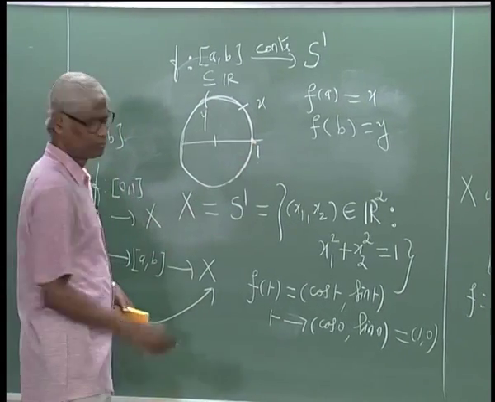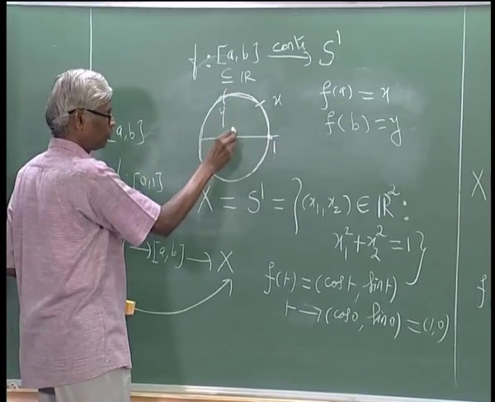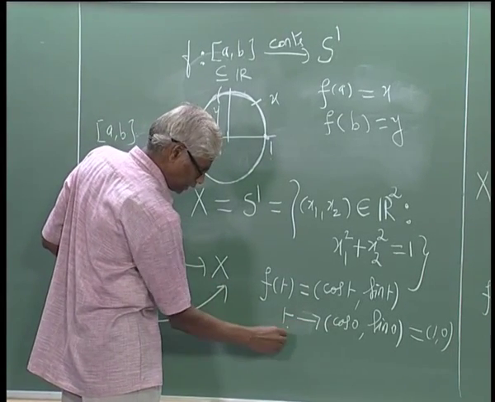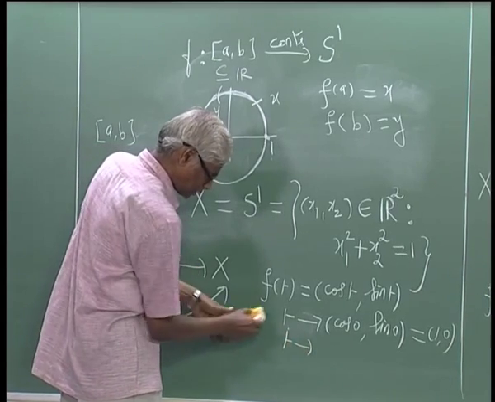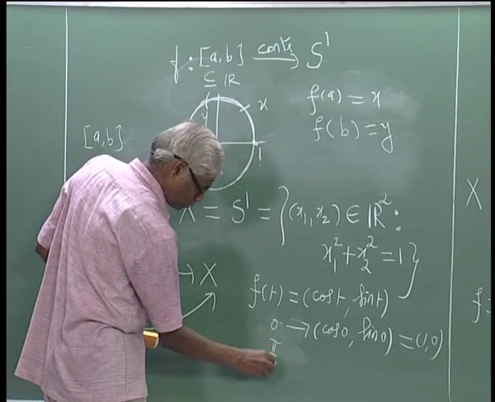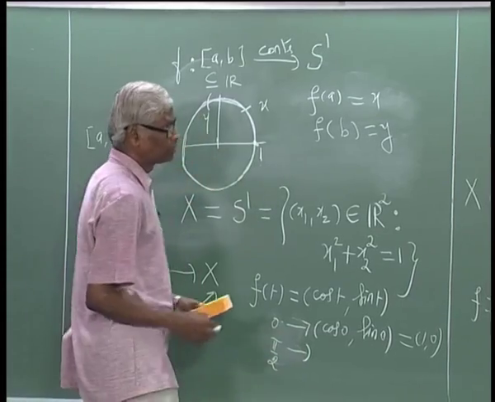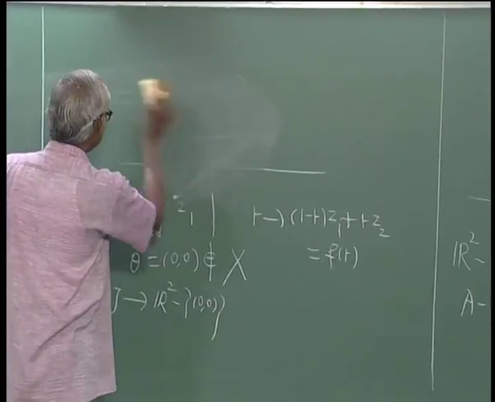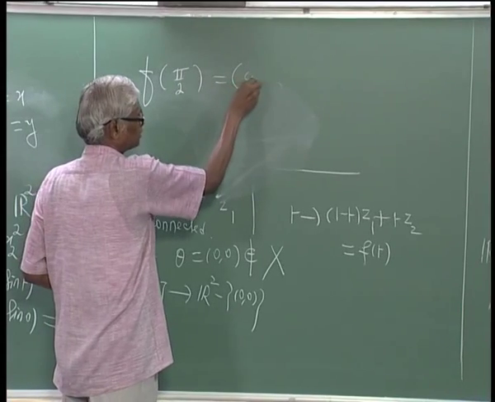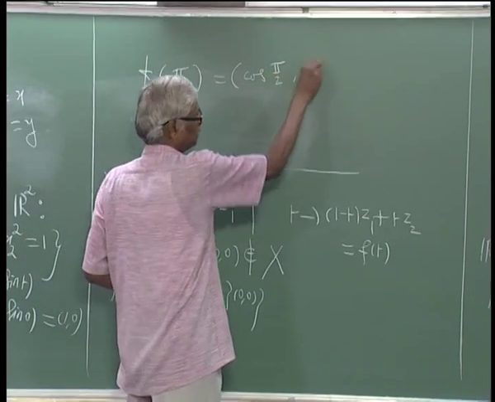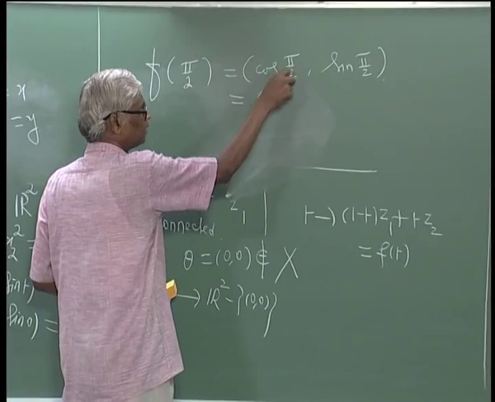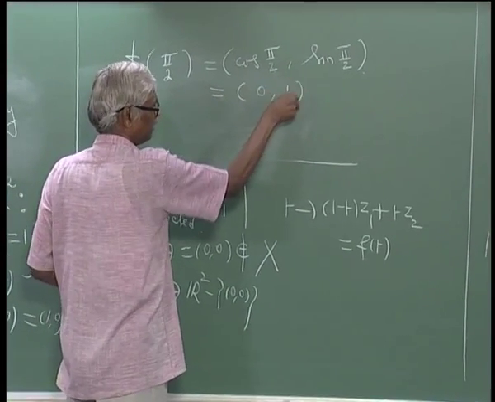Then when t is pi by 2, f of pi by 2 is cos pi by 2 comma sin pi by 2, but cos pi by 2 is 0, sin pi by 2 is 1.